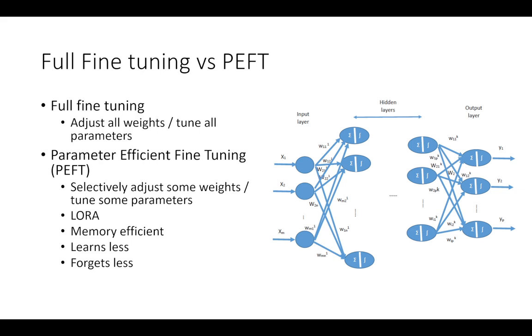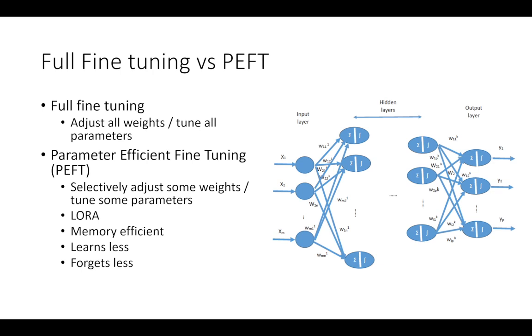When we talk about parameters, those are basically weights, the weights on these edges. With full fine tuning, you adjust all the weights on all these edges throughout your network, which is also sometimes called tune all parameters.